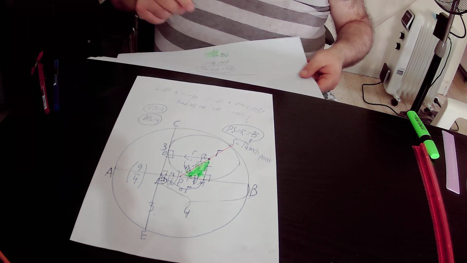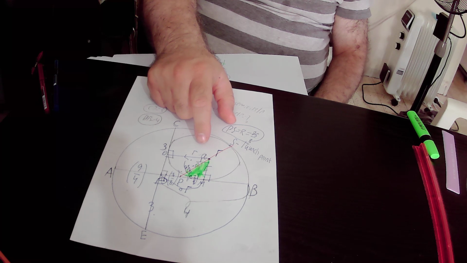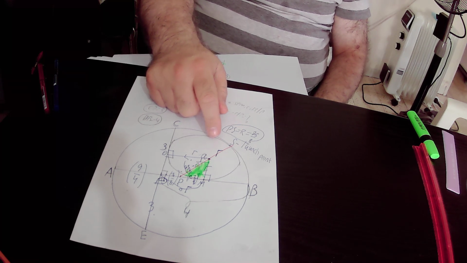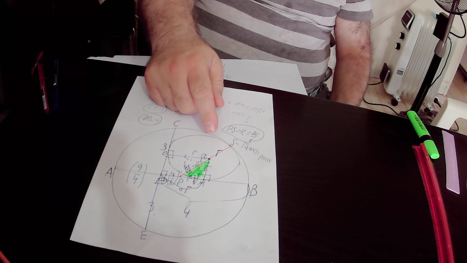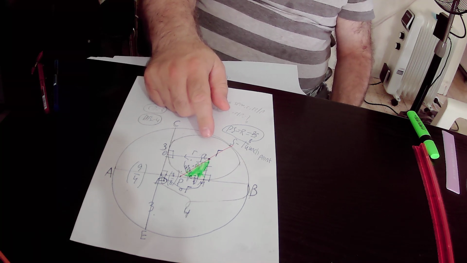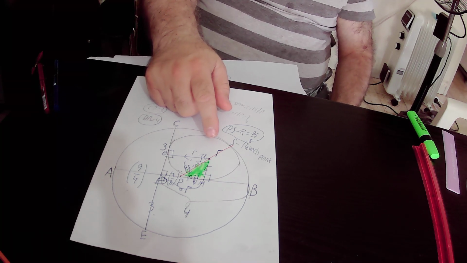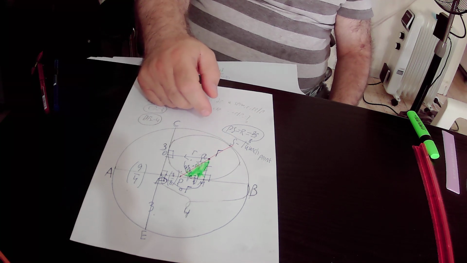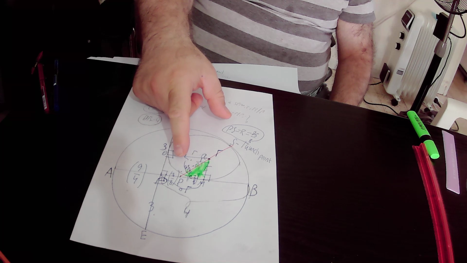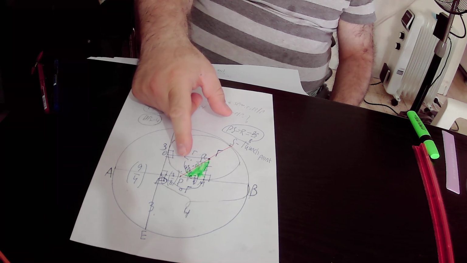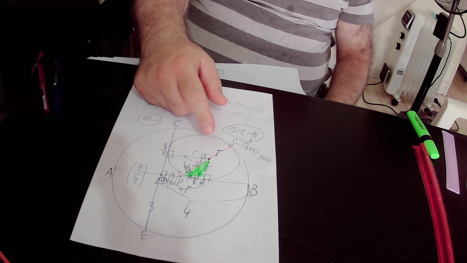Then what is the length of QS? Q is the center of the small circle and S is a point of the small circle itself. This is exactly the definition of a radius. That is to say, QS is the radius of the small circle, equal to small r. And what about line segment PS? P is the center of the big circle and S is a point of the big circle itself.